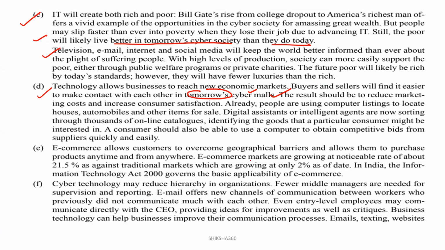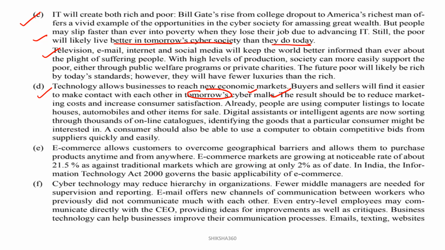Digital assistants or intelligent agents are now sorting thousands of online catalogs, identifying the goods that a particular consumer might be interested in. A consumer should also be able to use a computer to obtain competitive bids from suppliers quickly and easily.